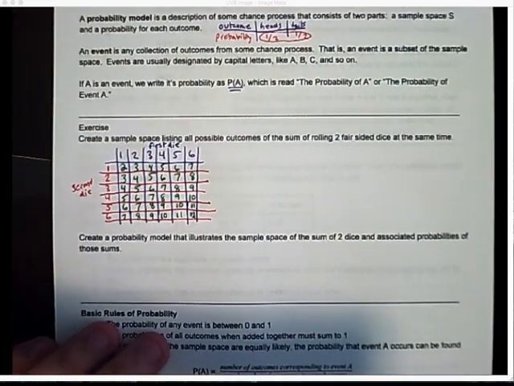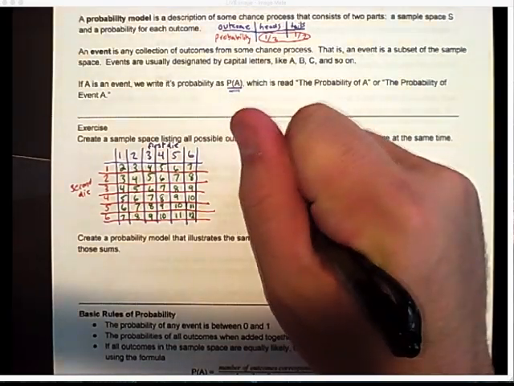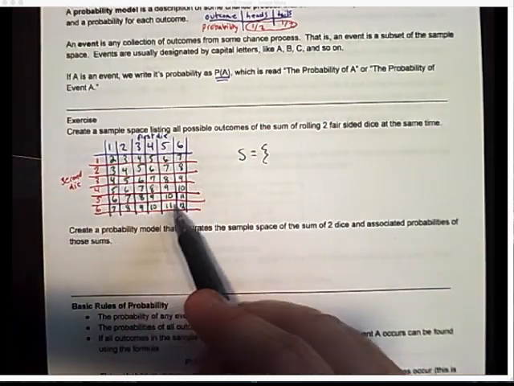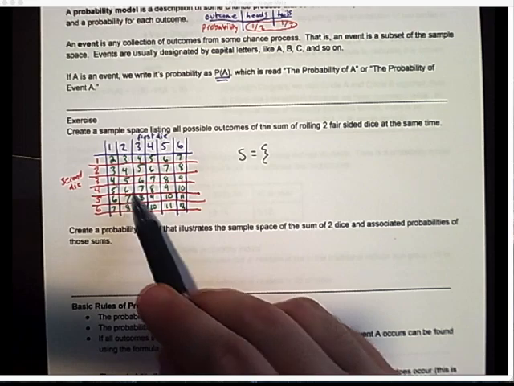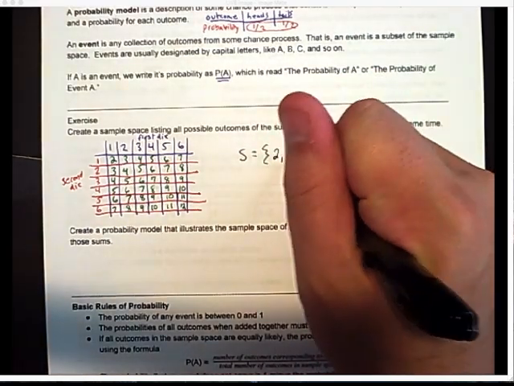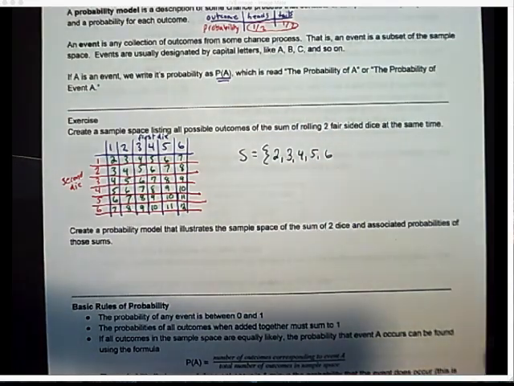Okay. So in the middle there, in green, that's the sum. Now, that's not what the question is asking here. It's just asking for the sample space. What are all the possible outcomes? Well, if I look in the green part, I see a number 2. 3 is a possibility, 4 is a possibility, 5 is a possibility, 6 is a possibility.